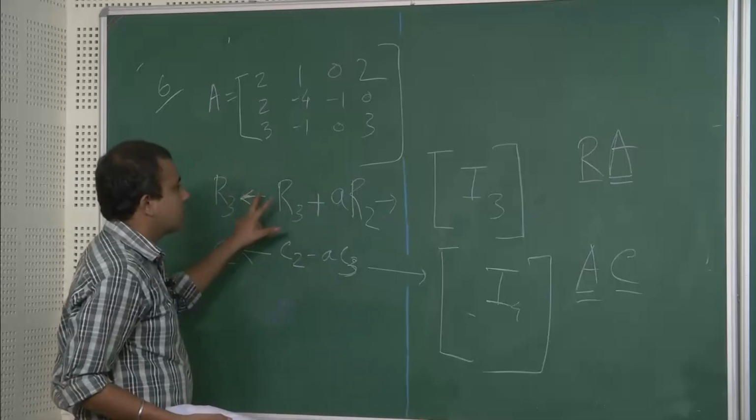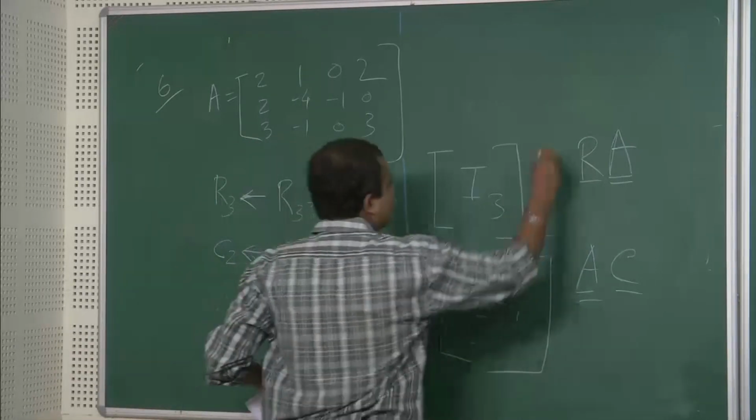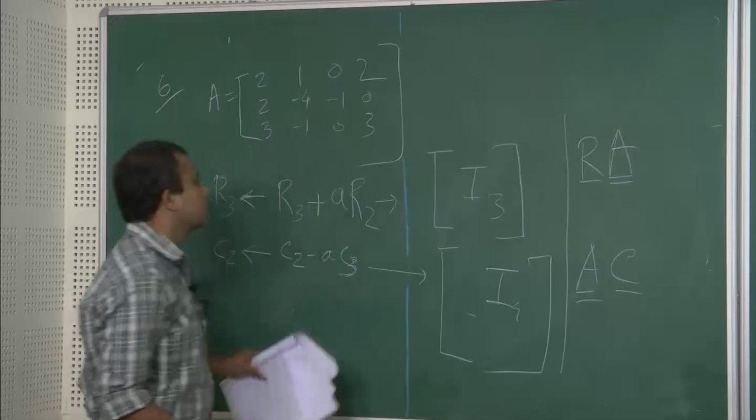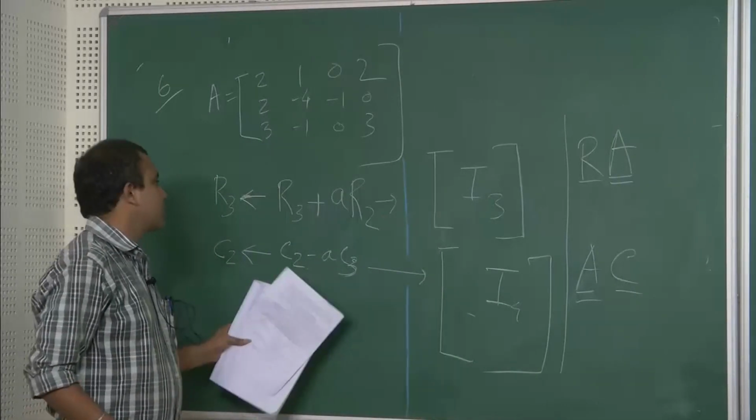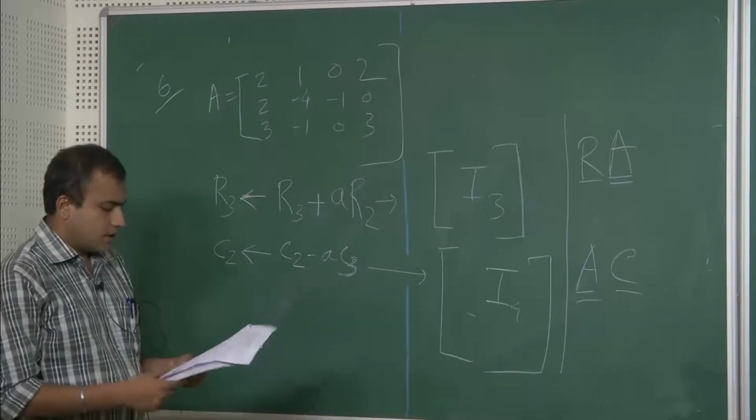So, it will turn out that these operations and these operations are basically equivalent. Okay. So, you will start from I3 for rows, from I4 for columns, and then we will reach these cases. So, this is basically calculation.